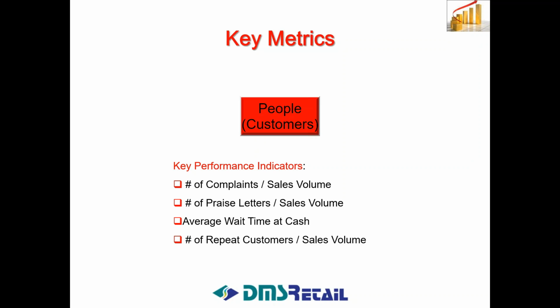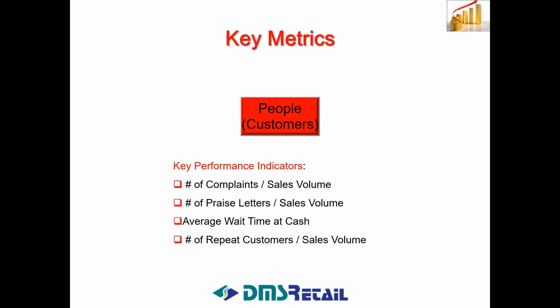Average wait time at cash can be an important indicator in certain businesses only. Certain retail verticals like supermarkets are very keen about this. Sometimes the apparel business can get pretty crazy, especially if they're holding some kind of promotion or some kind of incentive for the customer going on.